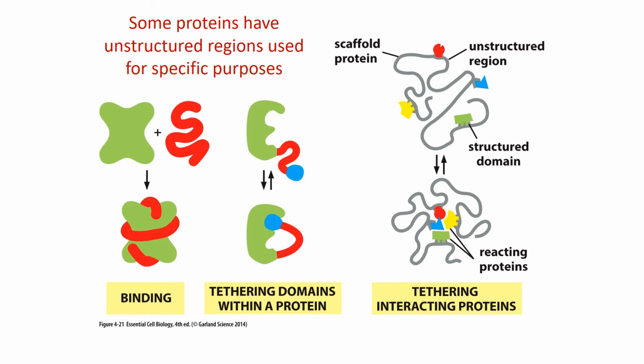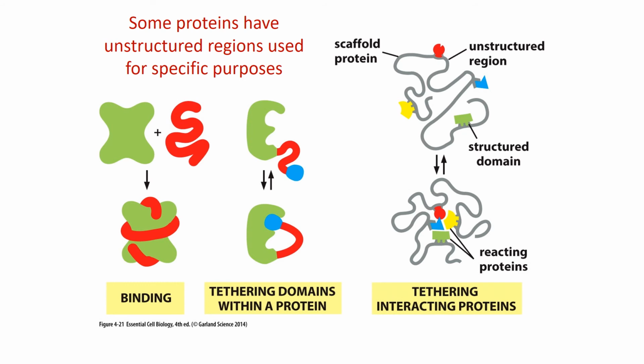In the middle of the screen, we can see a protein that has a tethering domain. You can see the unstructured region in red, and you can see the blue tethering region at the end. The flexibility of the unstructured region allows it to bend and move from one place to another, so it can bind, in this case, within the protein itself to a particular binding region under certain circumstances.